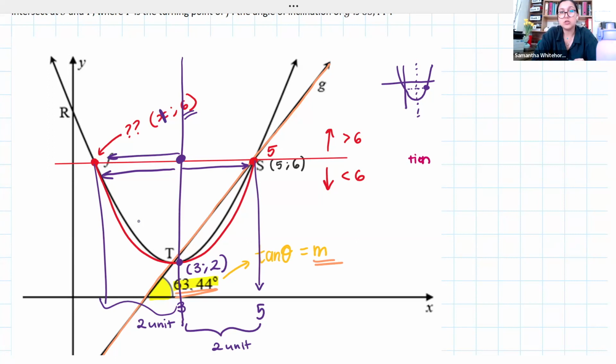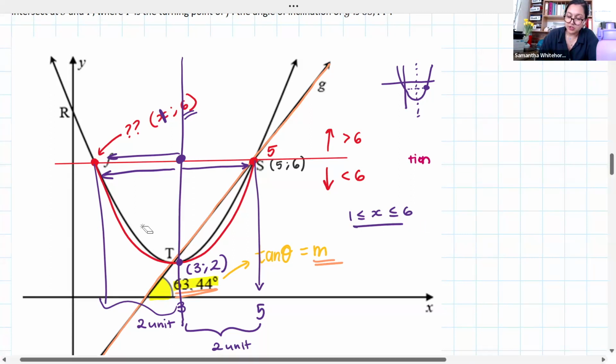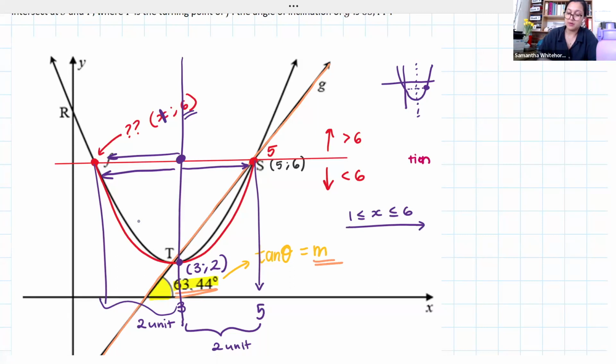And so now we've got our 2 x coordinates whereby the graph is less than 6. I'm just going to write this inequality here. And this would be between 1 and 6.